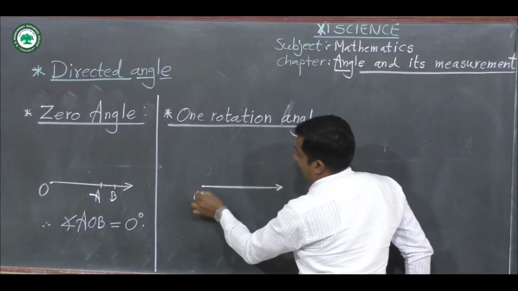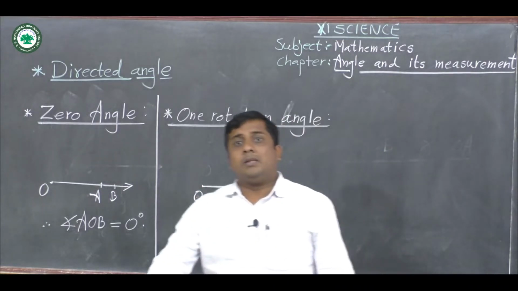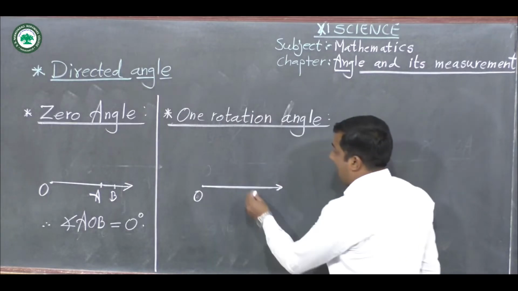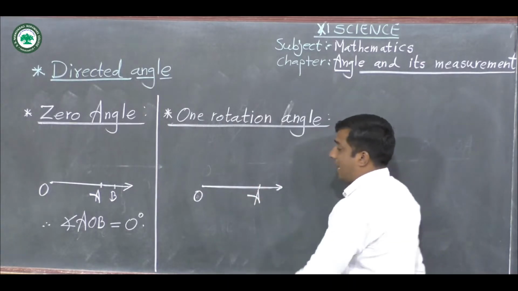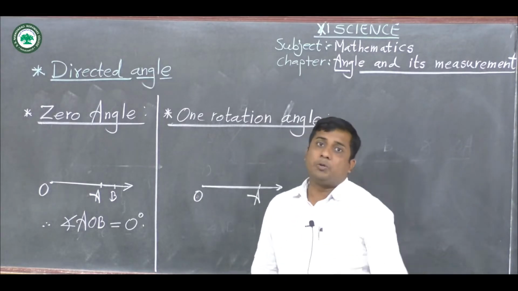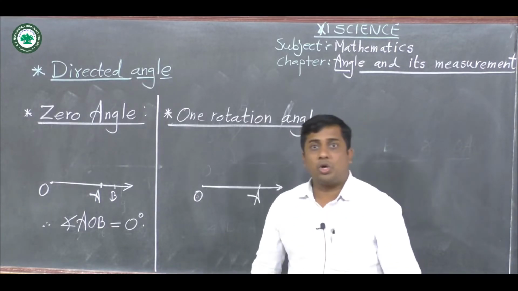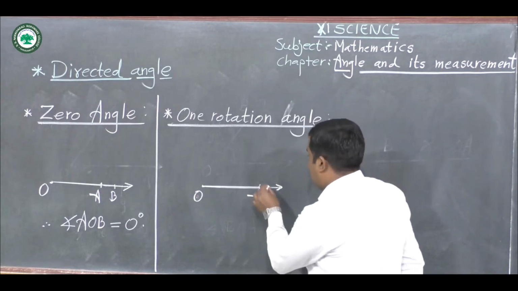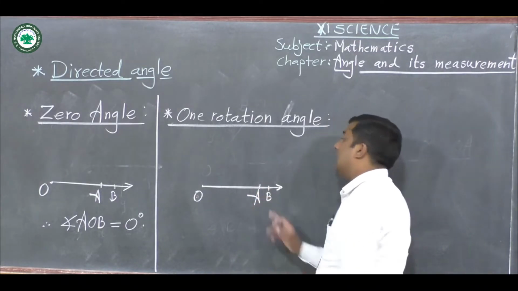Here origin is at O. Then we consider the initial ray as OA. Then we rotate this OA up to occupy the position of ray OB. Suppose ray OB is again here.